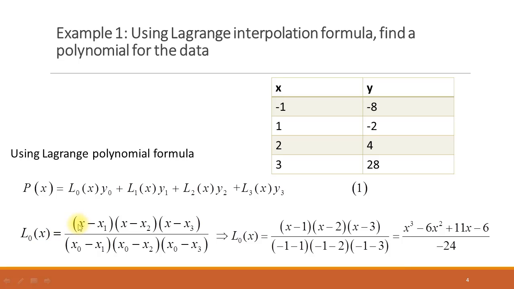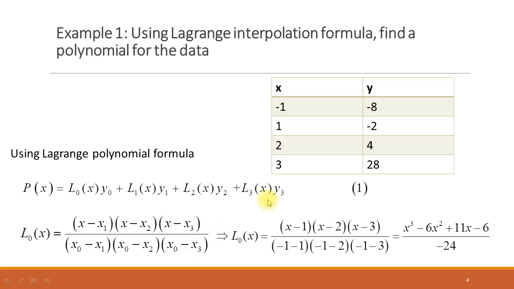How to find L0? Skip x0 from the numerator and subtract x1, x2, x3 from x, giving x minus x1, x minus x2 and x minus x3, and multiply these three factors. Now for the denominator, subtract x1, x2 and x3 from x0: x0 minus x1, x0 minus x2 and x0 minus x3.